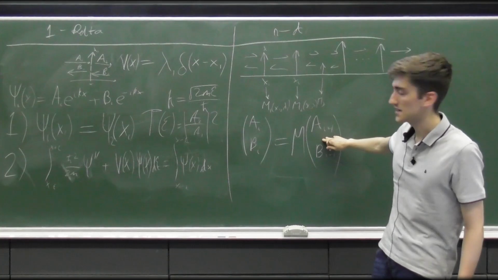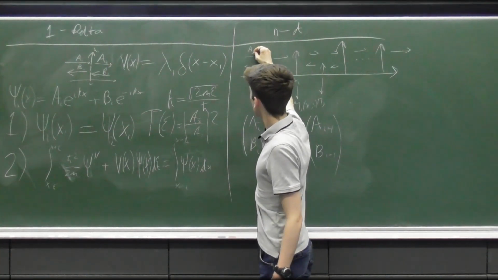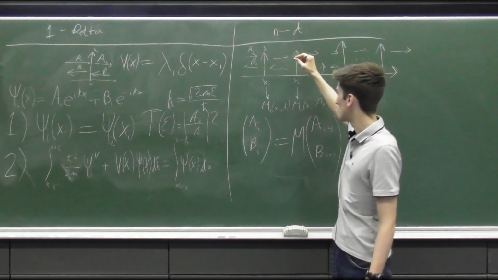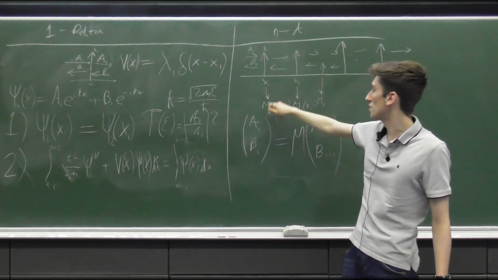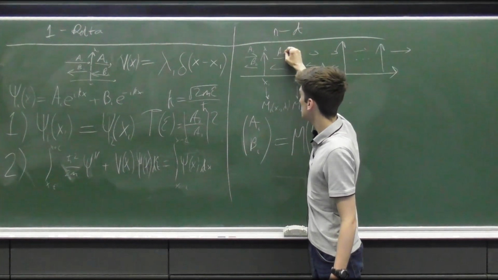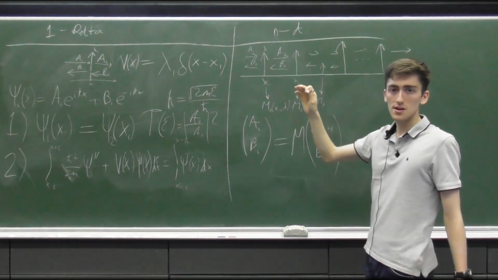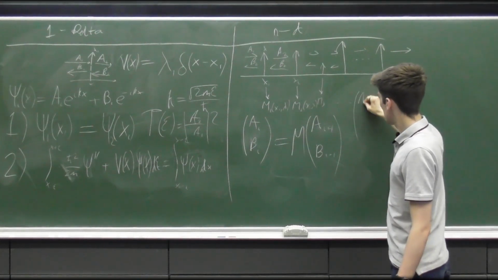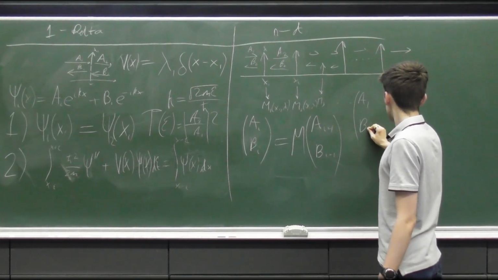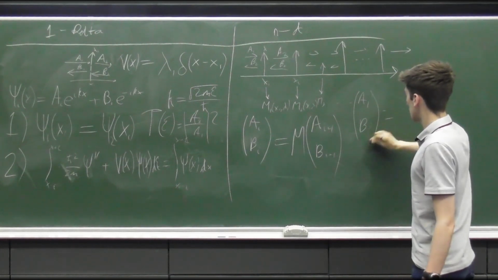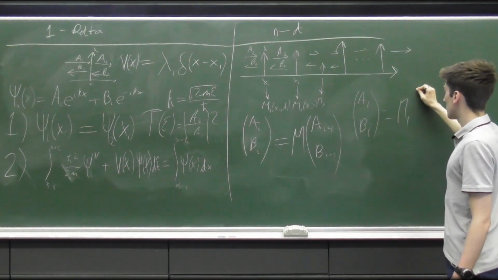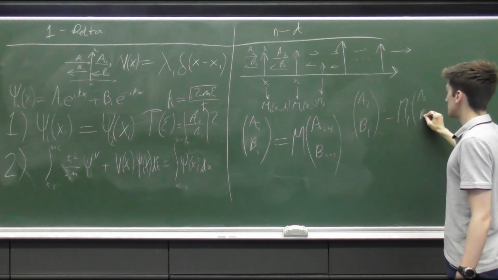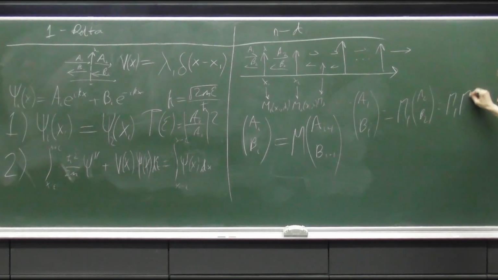So this means that the coefficients A1, B1 are equal to the transmission matrix M1 applied to the vector A2, B2. And then this just becomes inductive. So you can now apply this your whole way down. A1, B1 is equal to M1 applied to A2, B2, equal to M1, M2 applied to A3, B3.